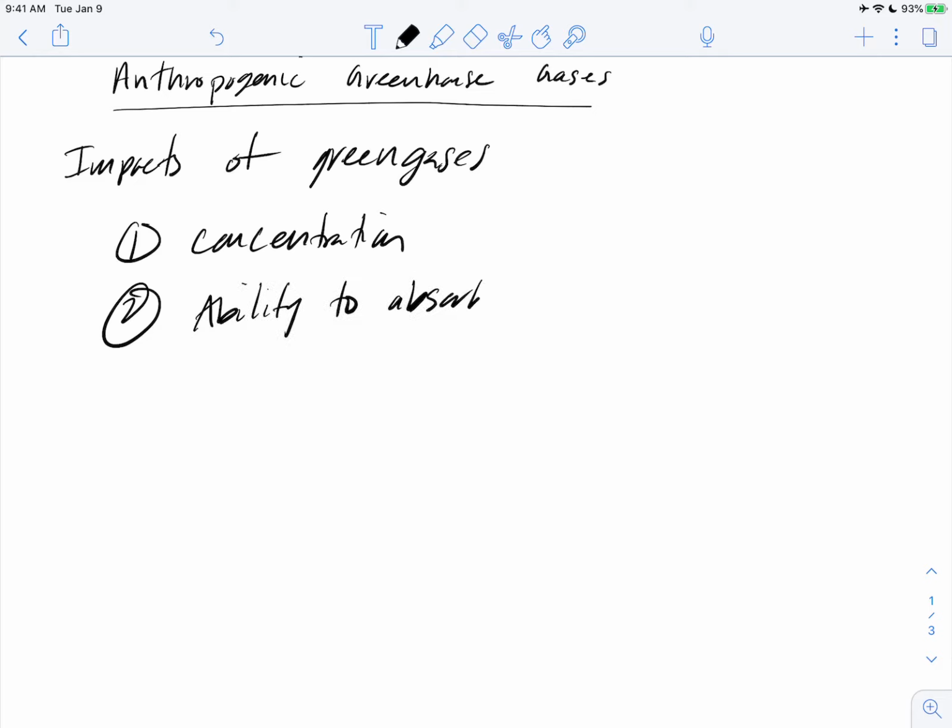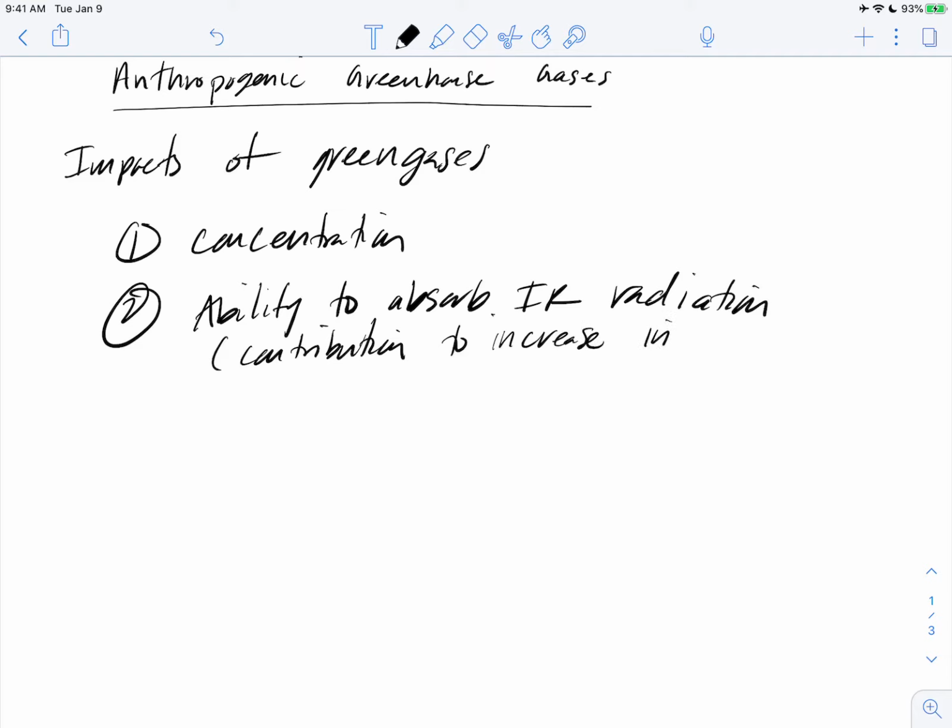So it turns out that some of these greenhouse gases are much better at absorbing the IR radiation, and we won't get into exactly why, but they have a larger contribution to. So another way we look at this is the contribution to global warming, or to increase contribution to the increase in global warming. Okay. And then the third thing that we'll look at is the atmospheric lifetime.